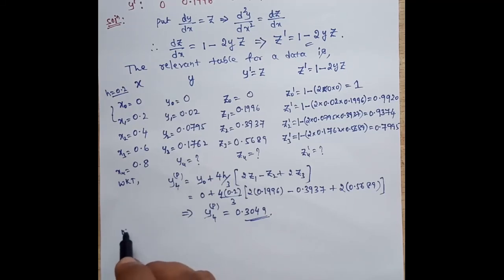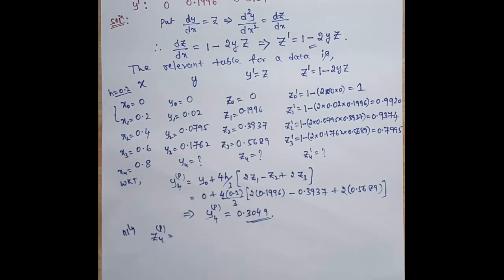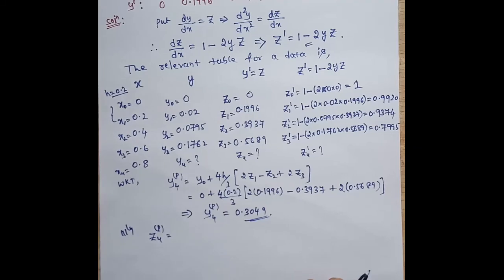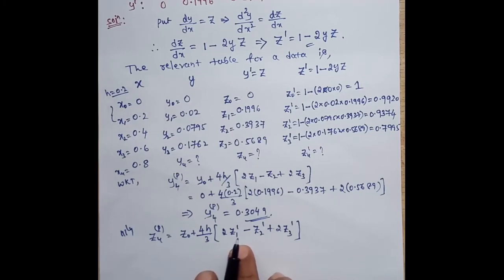So similarly, what is the z4p formula? Same thing, you replace this by z0 plus 4h by 3 into, just put dashes for this, 2z1 dash minus z2 dash plus 2z3 dash. So this is the formula for z4p, the predictor formula for z. Now substitute the values.